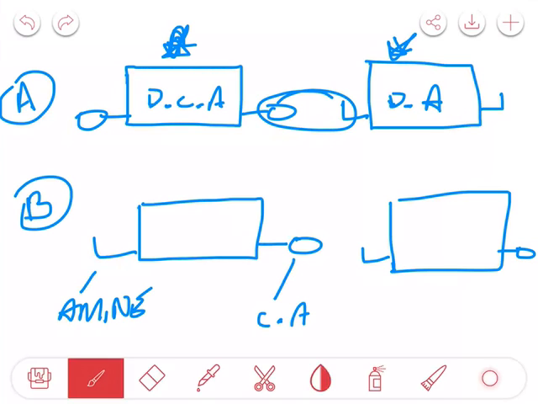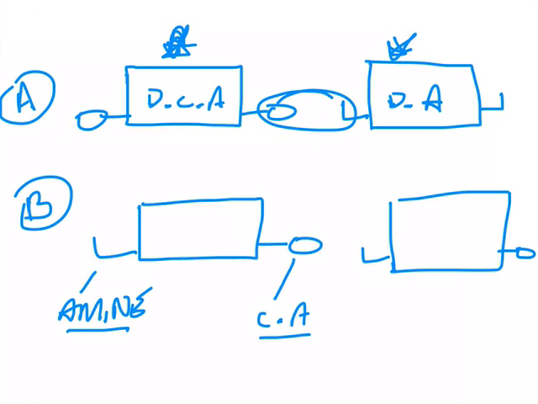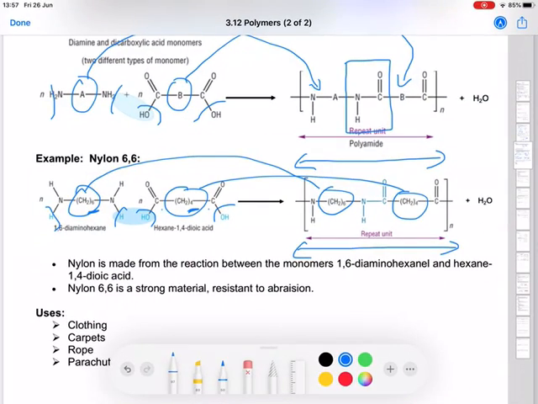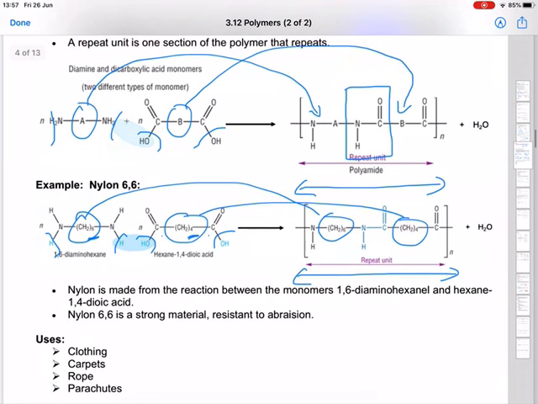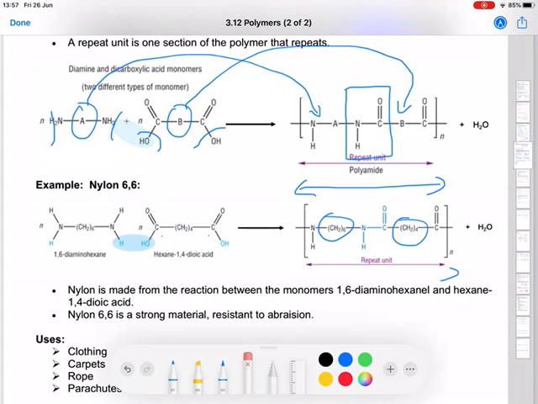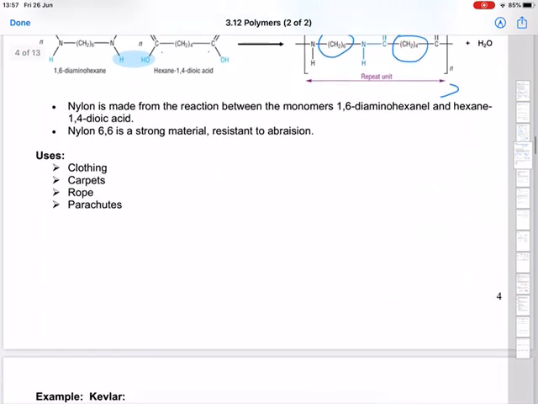Or the second way is where we have a molecule with an amine group and a carboxylic acid group at the front and the back end of the molecule. So going back to this, the example that we've got here is where obviously we've got a dicarboxylic acid and a diamine. So this is one of the ways that we can make the polyamide.